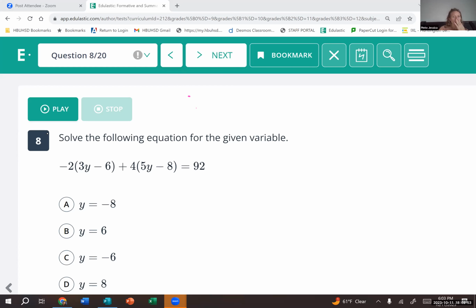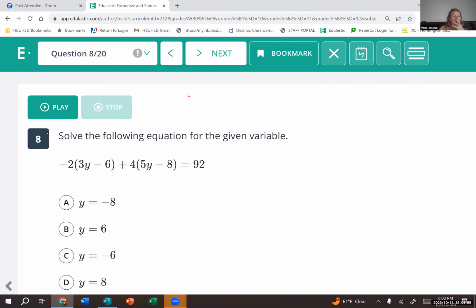So we're going to distribute the -2 to the 3 and to the -6. So that's going to be -6y, negative times a negative, +12. Then over here, same thing, plus 20y minus, let's see, 4 times 8, 32, equals 92.